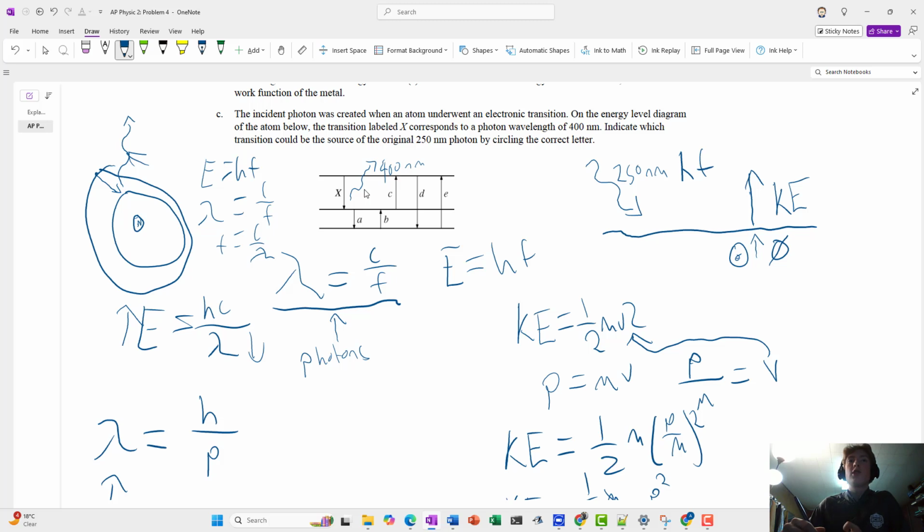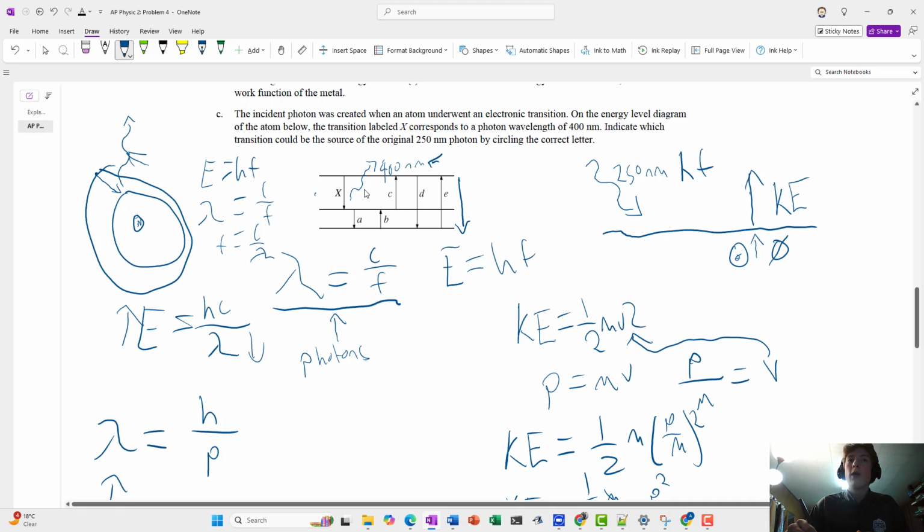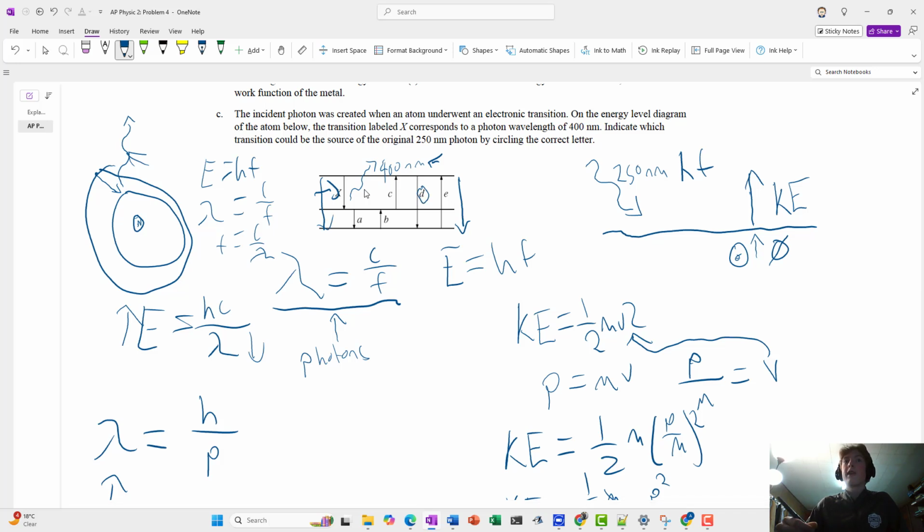That's an important distinction to make here, because the bigger the energy drop is, the more energy. So if we want to get a wavelength that is smaller than 400 nanometers, we need an energy jump that is bigger than this X value right here. So we actually are going to need something bigger, something like this. And D fits that perfectly.